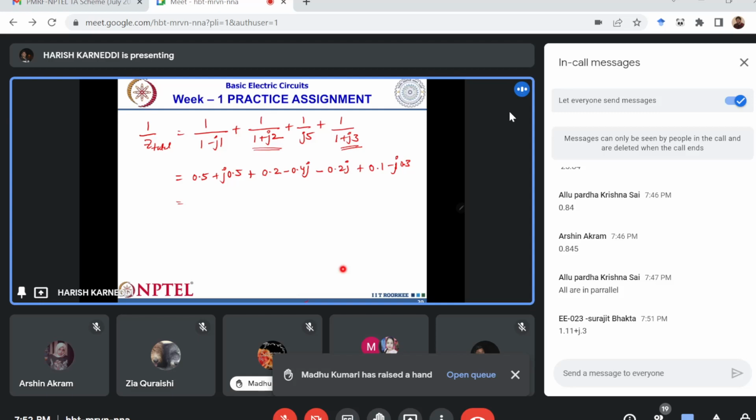Sum all the real components. This is 0.5 plus 0.2, it is 0.7. 0.7 plus 0.1 is 0.8.